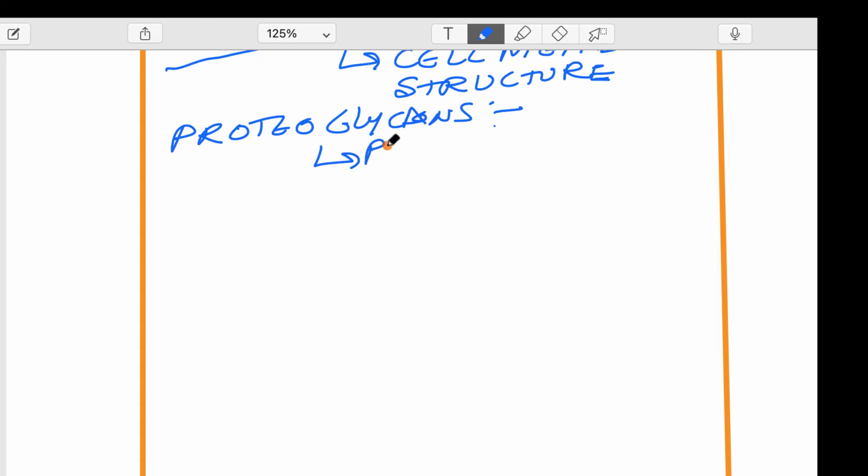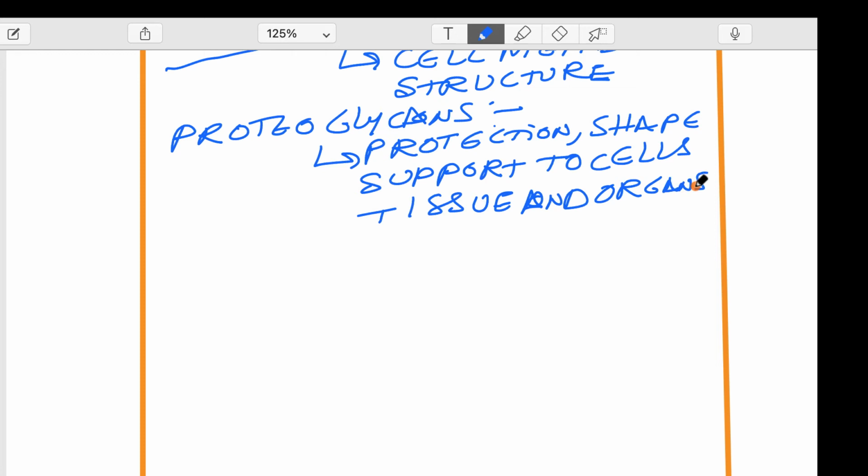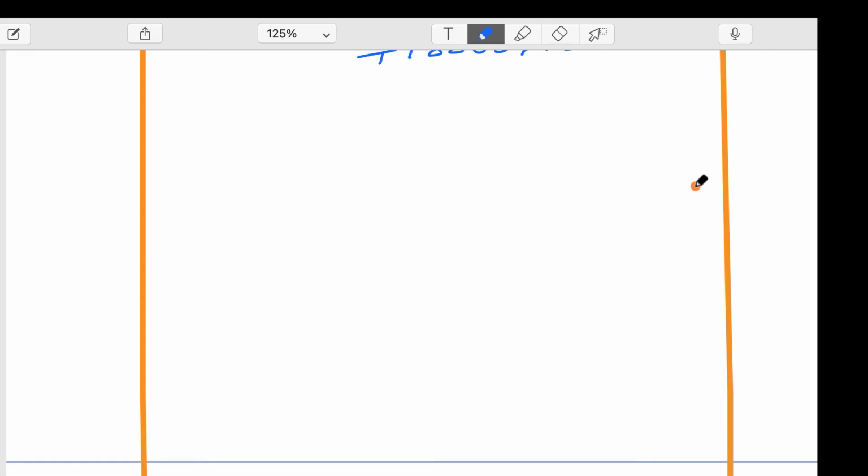One is protection, giving shape and support to cells, tissues and organs. So proteoglycans play a very important role in the protection, shape and support of cells, tissues and organs.